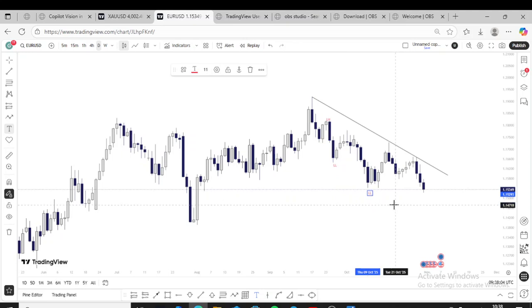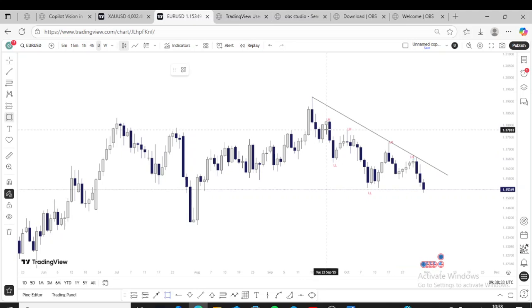That is pure market structure. If you understand market structure, in a downtrend you see a series of lower highs and lower lows. As long as the market keeps protecting highs and breaking lows, we are currently in a downtrend. That is to say, the flow of the market is bearish.